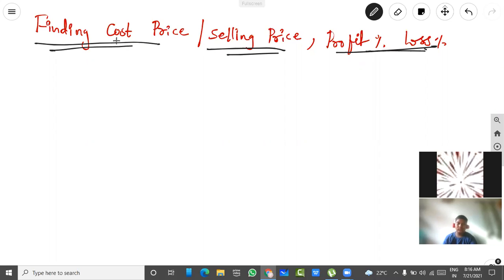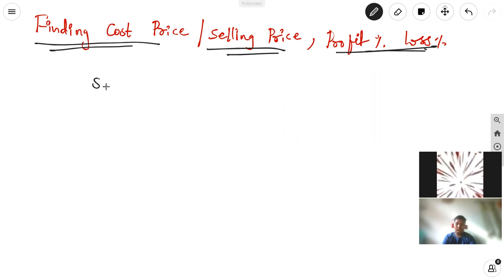How to find out cost price, selling price, profit percentage, loss percentage? If the market price, whatever this, that is the selling price. If the selling price, SP means selling price, selling price is equal to cost price plus profit.